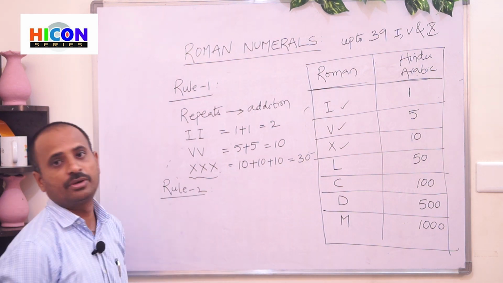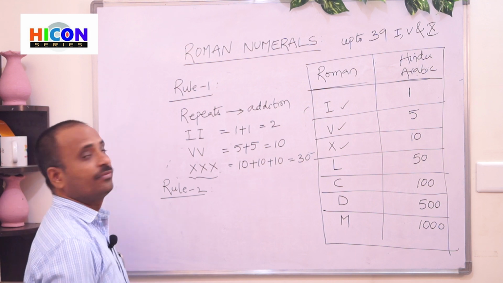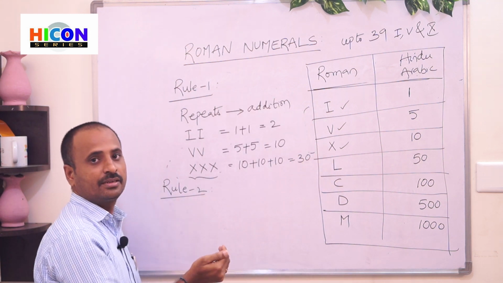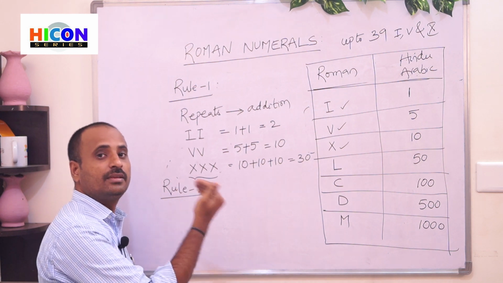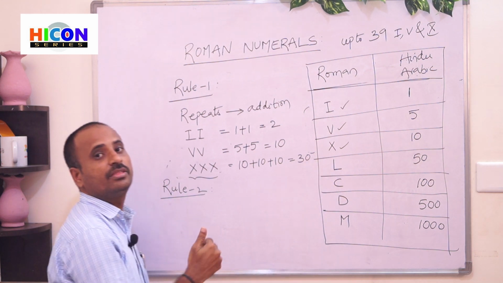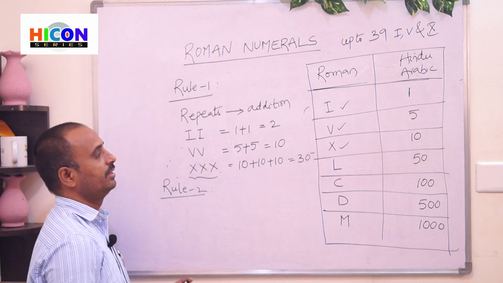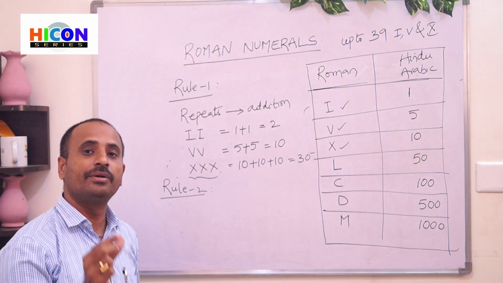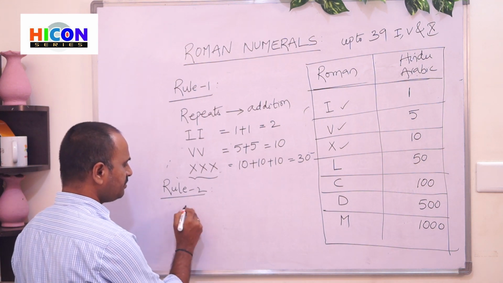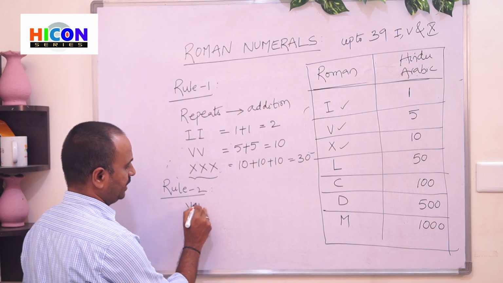So what is rule number 2? Children, if a smaller symbol is written on the right side of the bigger value, then we have to make addition. For example, VI.